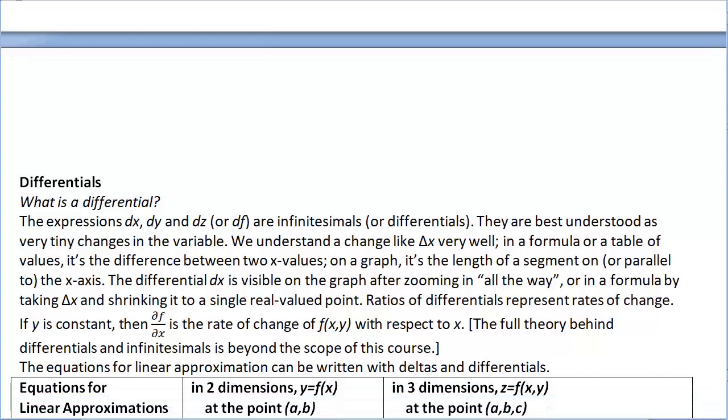We're going to write down equations for linear approximations, first in 2 dimensions for y equals f of x at the point (a, b). Some of those should be pretty familiar. We're also going to write these expressions in 3 dimensions, meaning when you have z equals f of x, y, at the point (a, b, c). Some of those will be familiar, and some will be new.